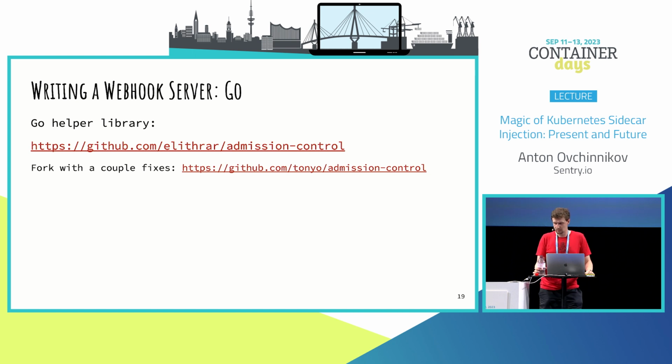I decided to try and write a simple webhook server in Go. Of course, you can do it from scratch, but in Go it's especially annoying because Go is a native Kubernetes language, so they really care about all the typing. And I found this library called admission control. At least it has some helpers that can help you deal with marshalling and unmarshalling those requests from and to the Kubernetes server.